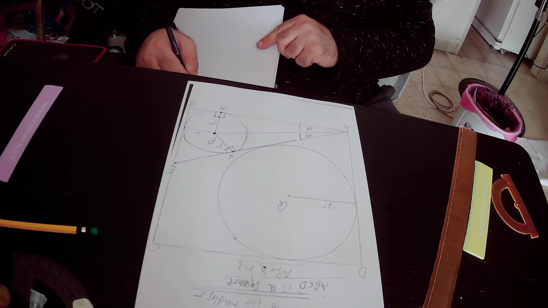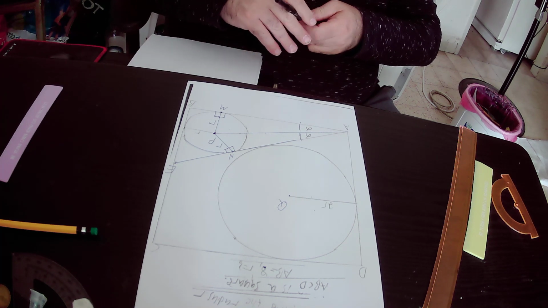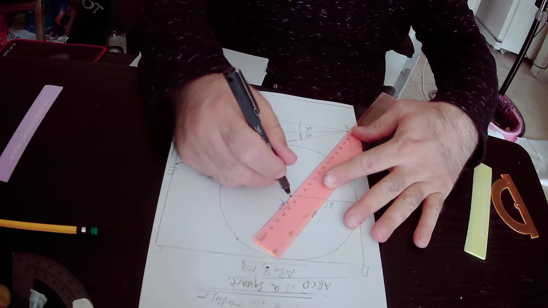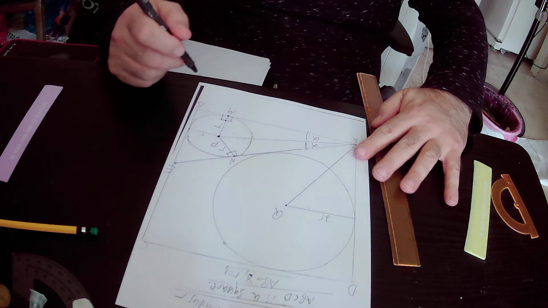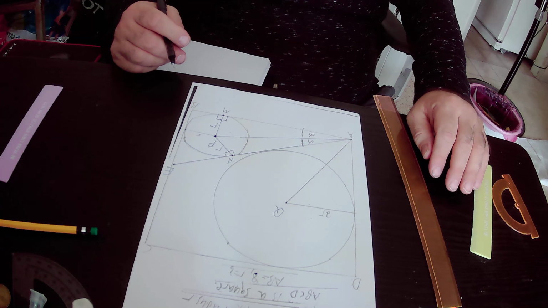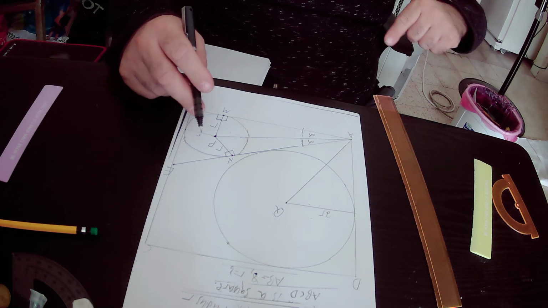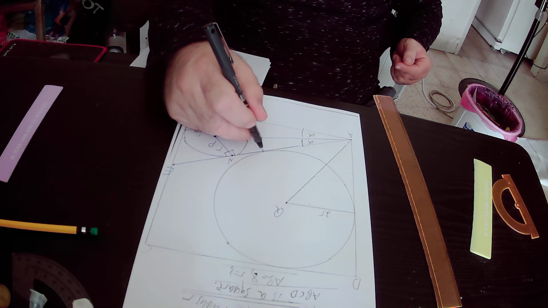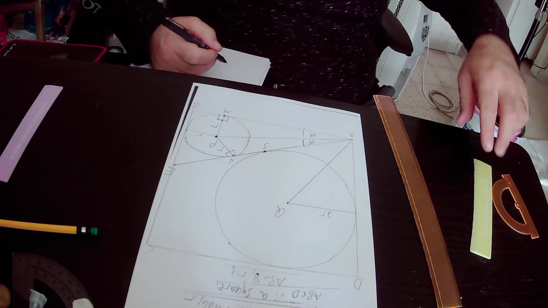we will join together points A and Q by a straight line. And we will define the touching point between tangent AE and the big circle as point S, and we will join together points Q and S by a straight line.